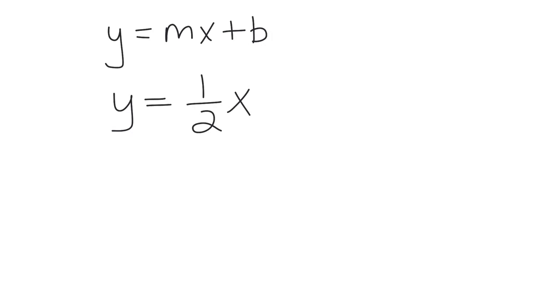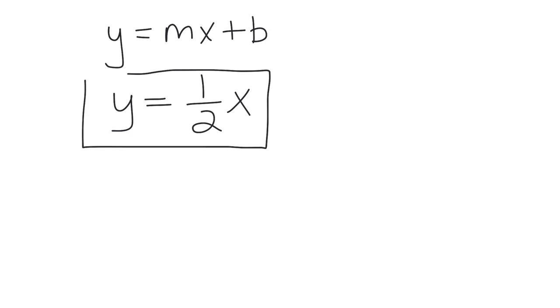So our final equation for our line would be y equals 1 over 2x. This is the equation of a line that would be perpendicular to the equation that was given in the question, and it also happens to pass through the origin.